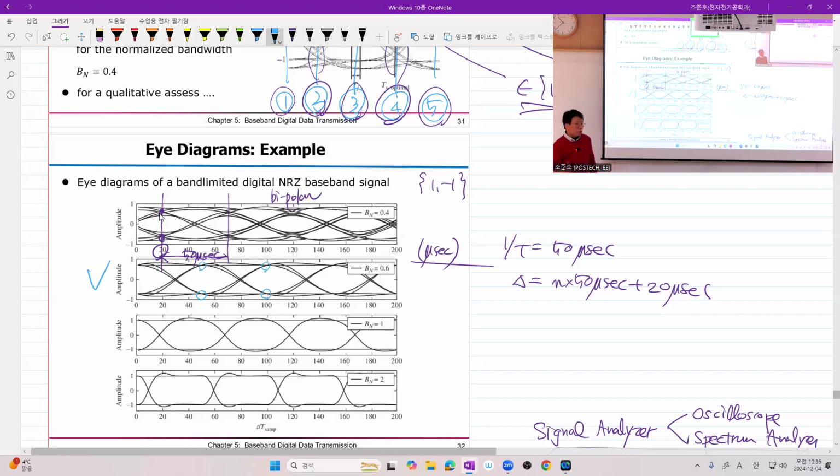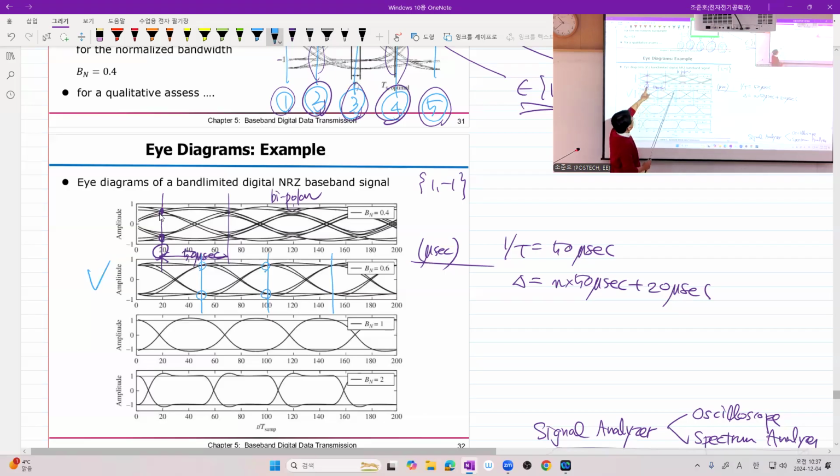So if you just want to remove ISI, this time instant and that instant may be the optimal sampling instants, right? In terms of zero ISI. Right? By the way, here, do we have zero ISI? No, we have these lines, right?